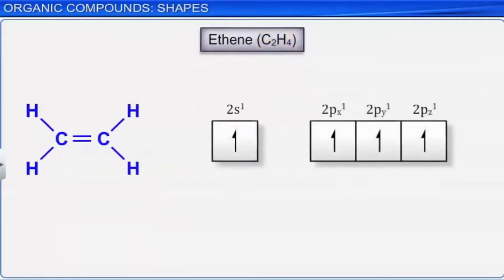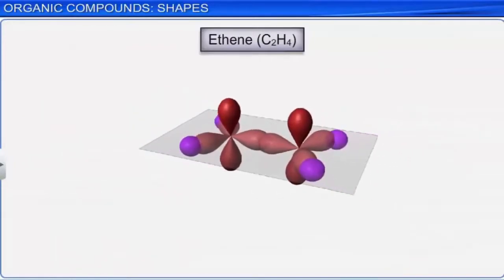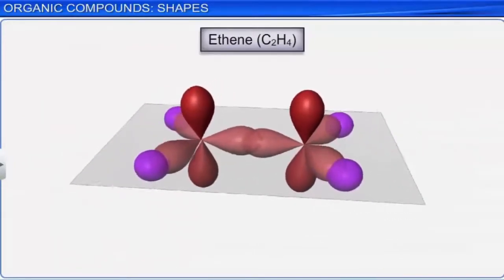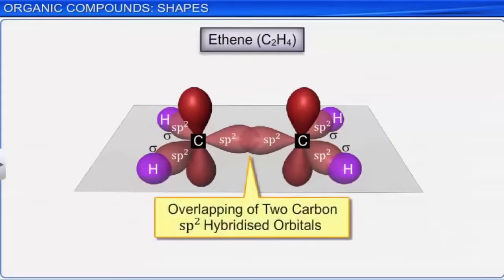In ethene, each carbon atom undergoes sp2 hybridization. 2 sp2 hybrid orbitals of each carbon atom overlaps with each of the 1s orbitals of 2 hydrogen atoms to form 2 sigma bonds respectively. The remaining sp2 hybrid orbital of a carbon atom overlaps coaxially with a similar sp2 hybrid orbital of the other carbon atom to form a strong carbon-carbon sigma bond by sp2-sp2 overlap.